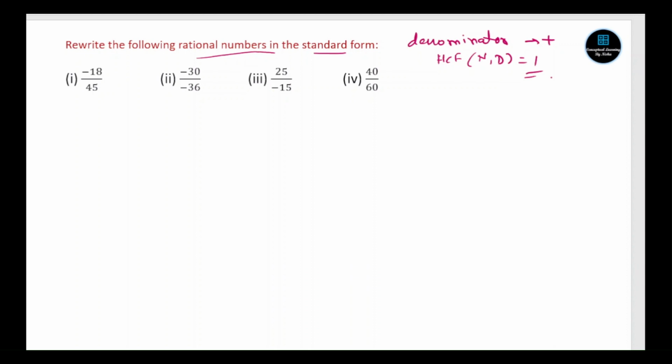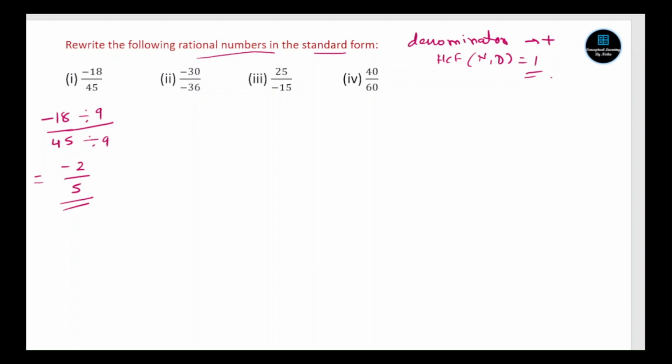The first one, minus 18 upon 45. I'll check the denominator. It is positive. But what is the common factor? So we have to rewrite this. The HCF is 9. So I'll divide both of them by 9 to get minus 2 upon 5. Now here the denominator is positive and they are both in lowest form. So yes, this is the standard form.